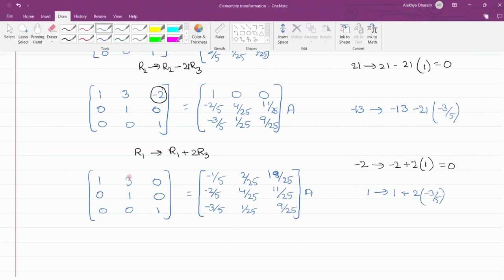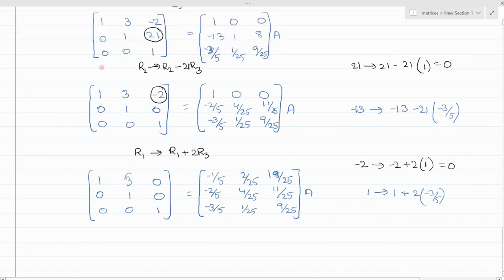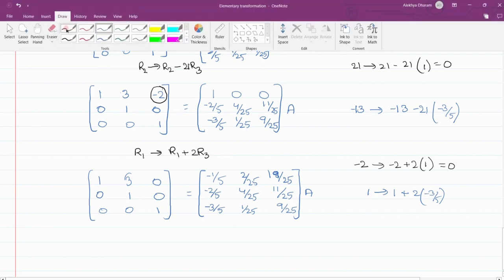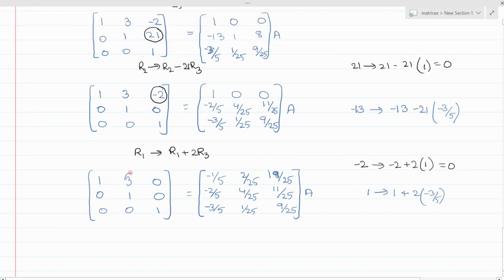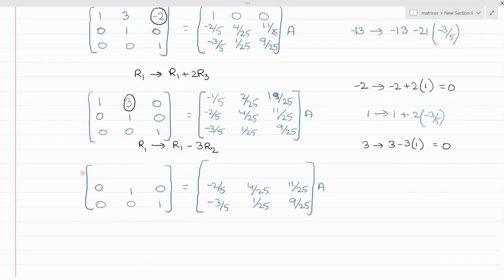Now we need to convert the last element, 3, to 0. So R1 changes as R1 minus 3 times R2, because 3 changes to 3 minus 3 times its corresponding R2 element and gives 0. Row 2 and row 3 elements remain as they are. Only row 1 elements change as 1, 0, 0.